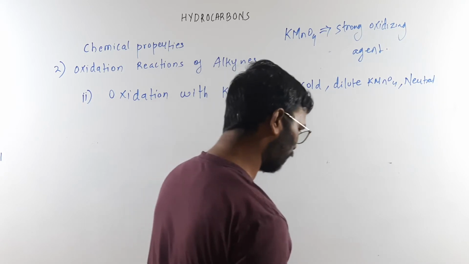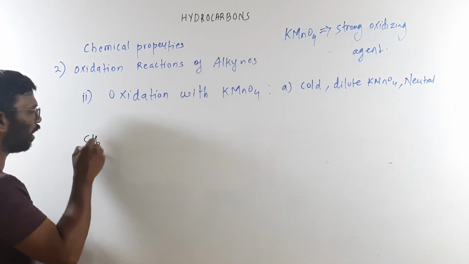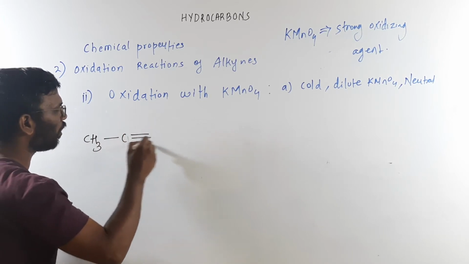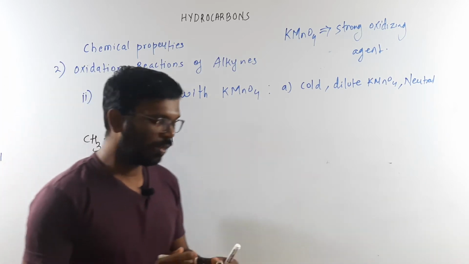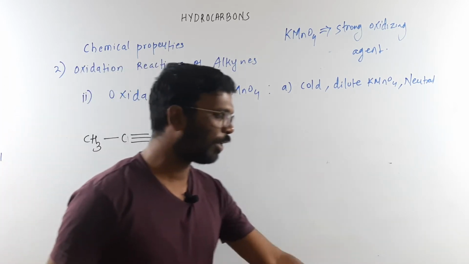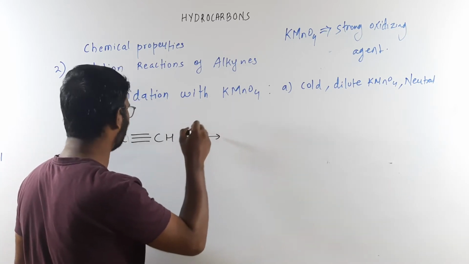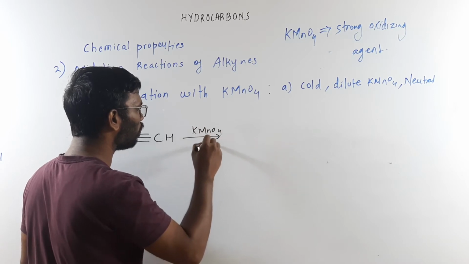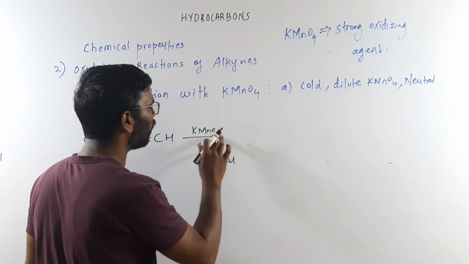this way. If it is a terminal alkyne, I'll take the example CH3-C≡C-H, with this hydrogen. This is a terminal alkyne, and what would be the product if we add cold KMnO4, and the medium should be neutral?